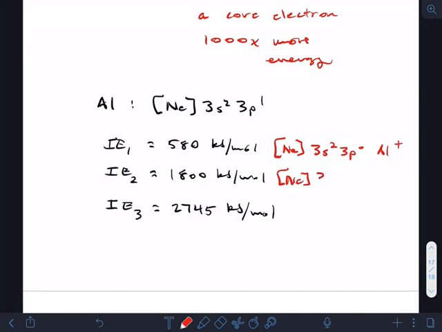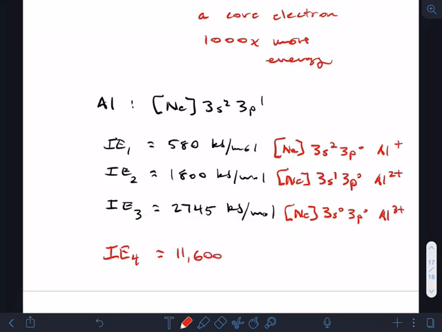this is aluminum plus. At IE2, I'm an aluminum 2 plus, and when I get to IE3, I've depleted my valence, and I'm at aluminum 3 plus.